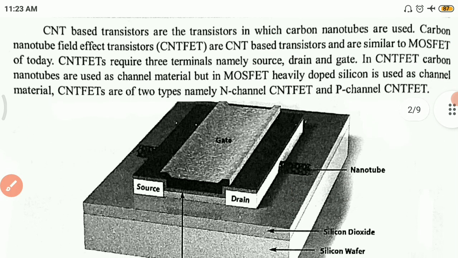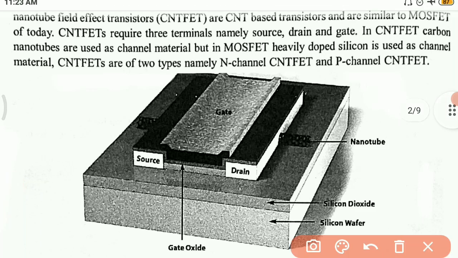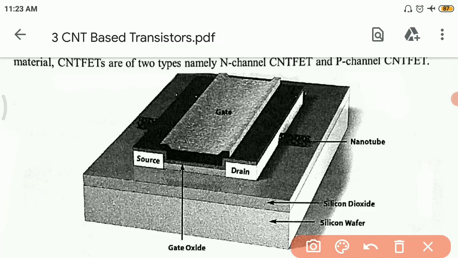So this is the figure of the CNT FET, as you can see. In this diagram, this is the source, this is the drain and this is the gate, and the nanotube is this black one. The nanotube is passing through this. Now this is a silicon dioxide layer, this is the gate oxide, and at the bottom we have a silicon wafer.